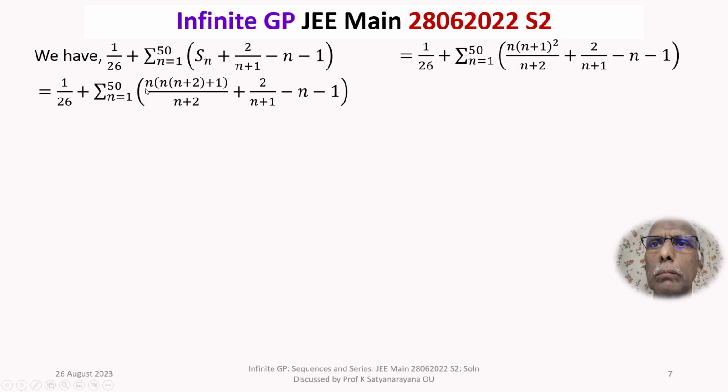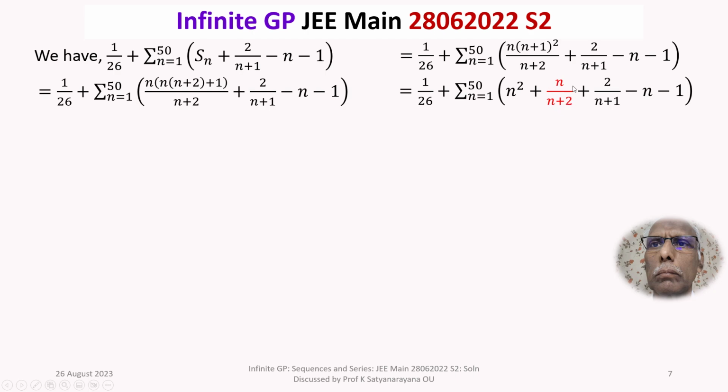Now simplify: you will get n square into (n plus 2) by (n plus 2), that is n plus 2 cancels, leaving n square, and you are having n into 1, n by (n plus 2). Look at this term only, the remaining terms are as they are, and that is equal to n square plus n by (n plus 2).